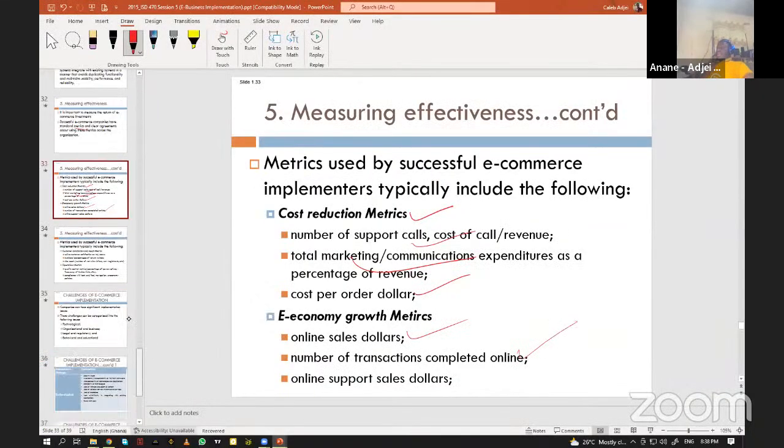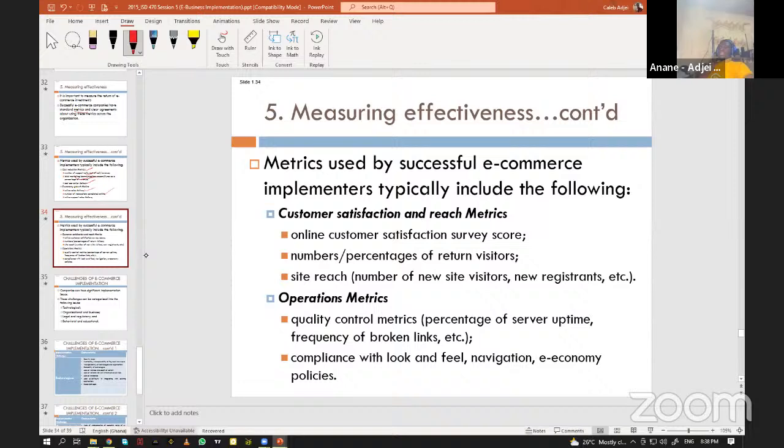Then customer satisfaction and reach metrics. How satisfied are the customers? So, the online customer satisfaction survey score. That's why we started this class, and I was asking you the last time we met online, how was it? Are you okay with everything? Because you are the customers of the university, and we want to know how satisfied you are with some of the services that we are providing.